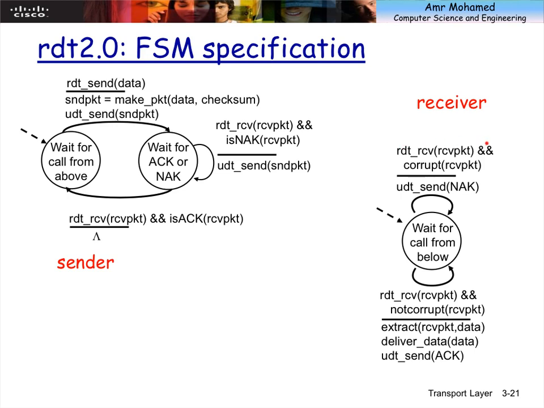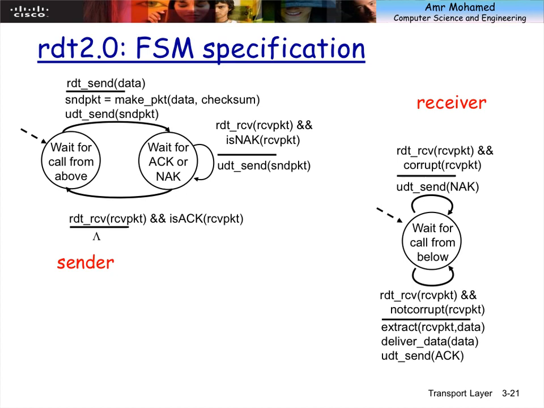So if I receive a packet and it's corrupted, which means that it's an error, then I need to send negative acknowledgement. And if it arrives and it's not corrupt, which means that it's error-free, then I need to send positive acknowledgement, but before this, I need to deliver the packet to the application.